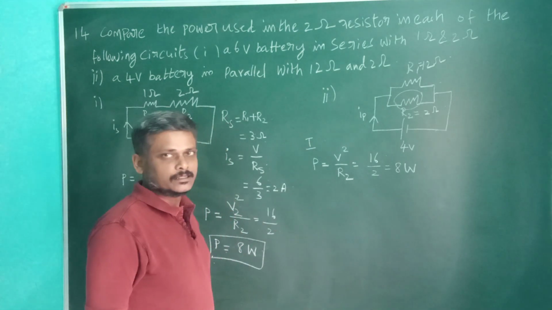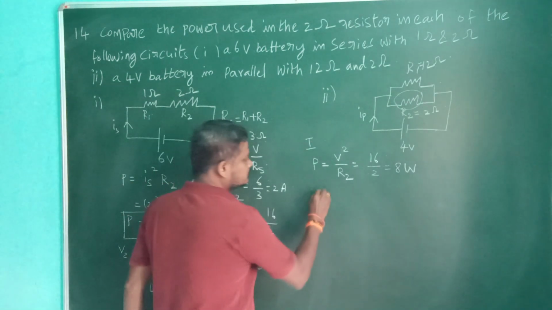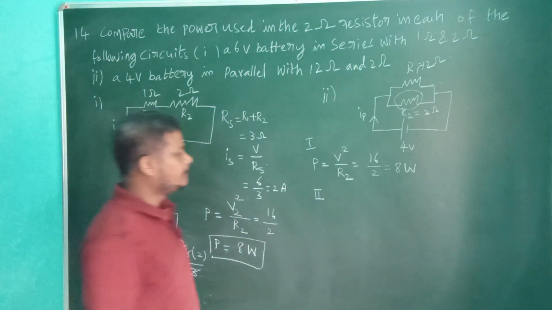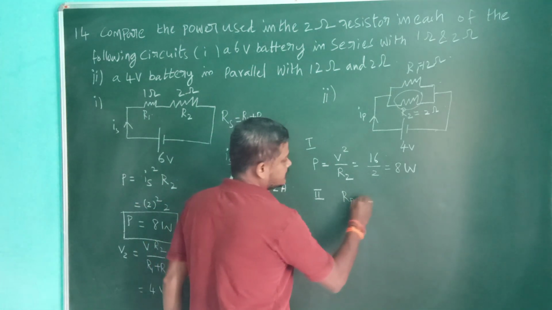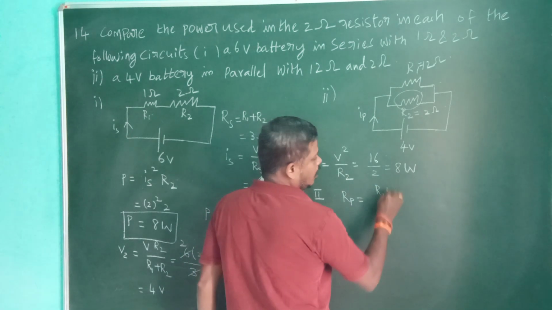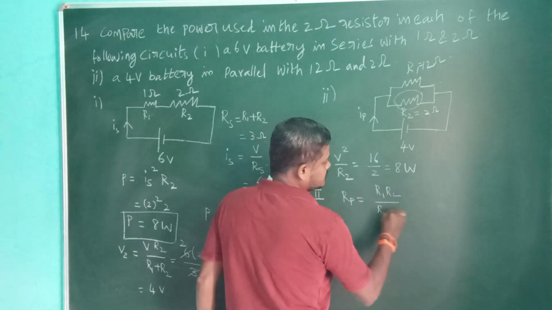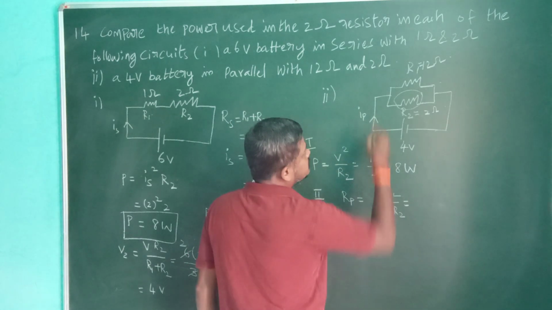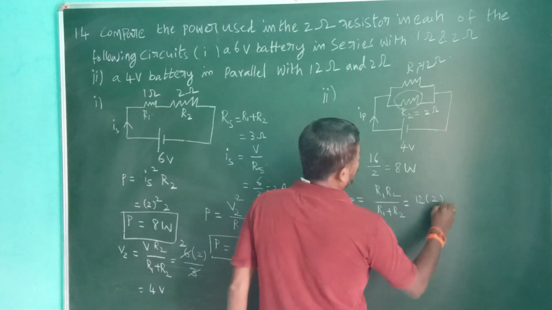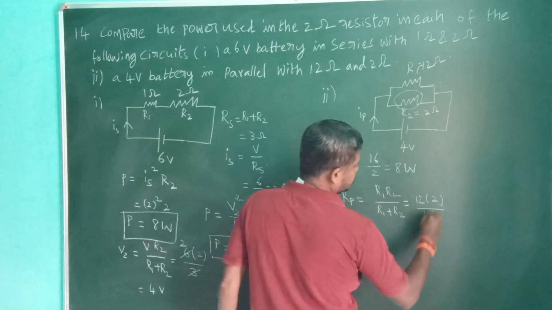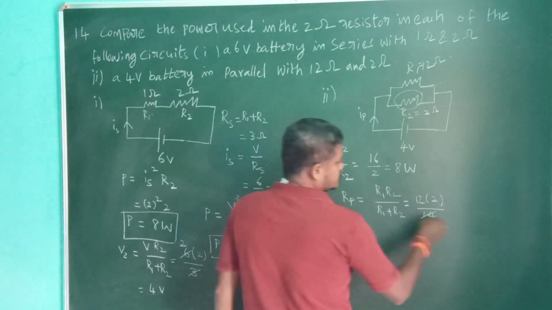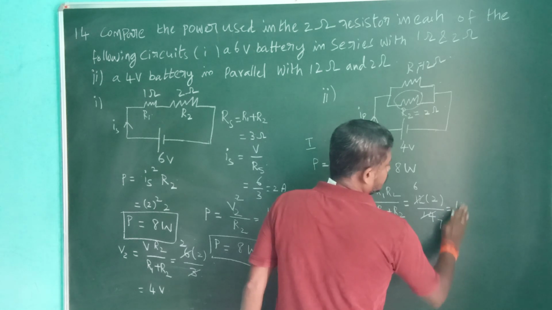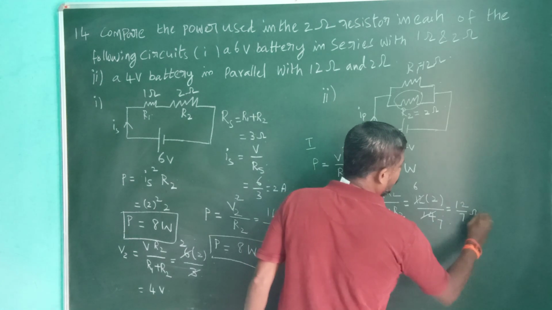In the second method, it is a little bit lengthy one. First we have to find the parallel resistance. Parallel resistance is given by R1 R2 by R1 plus R2, that is R1 is 12 into R2 is 2, by R1 plus R2 which is 14. 2 7s are 14, 2 6s are 12, that is 12 by 7 ohm.